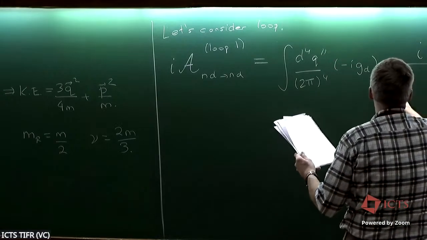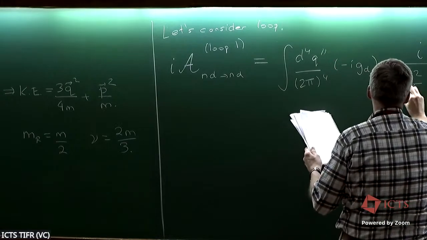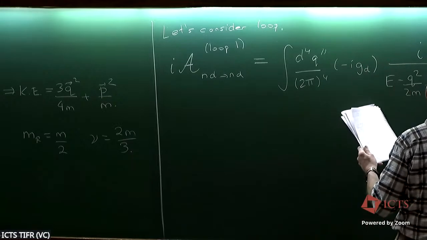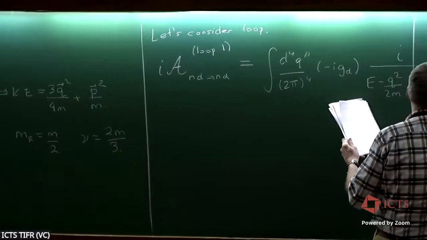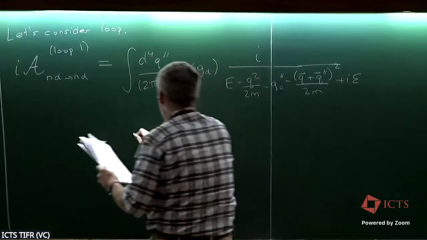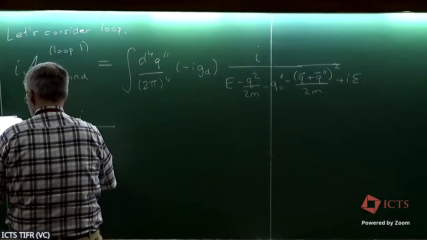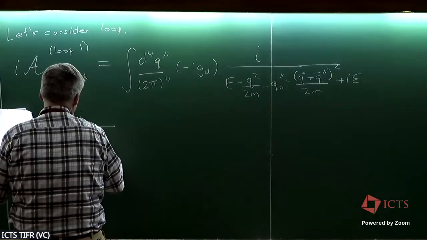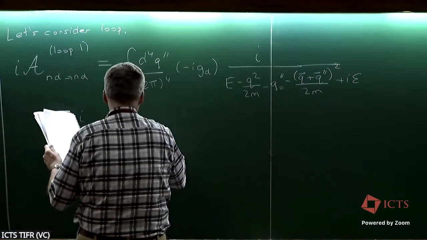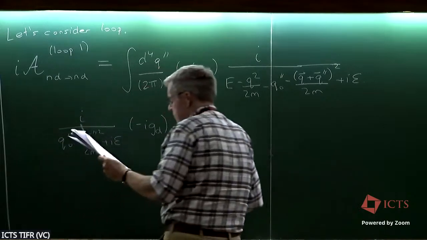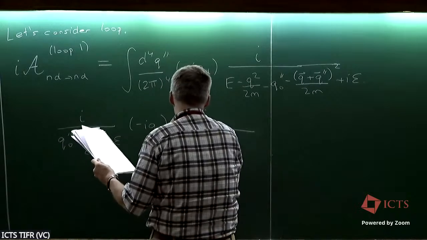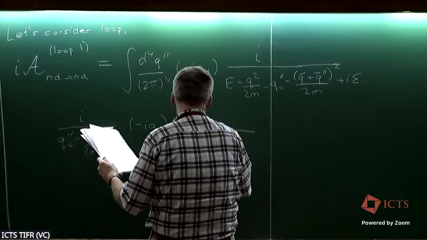Then i divided by E minus, this is just a core propagator, so it's just a regular non-relativistic one particle propagator. Then the particle gets reabsorbed, so there's another minus i G_D for that. Then we have i, and then we have the dressed dimer propagator.